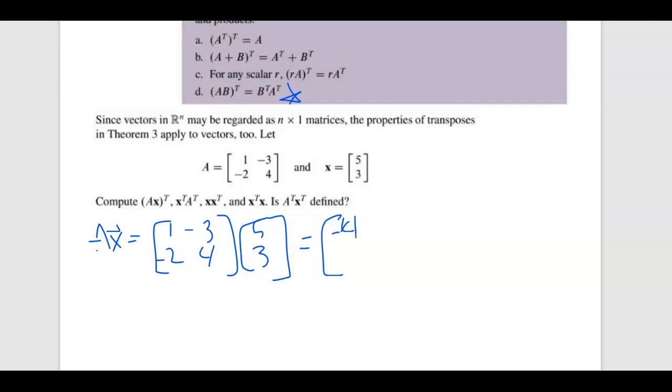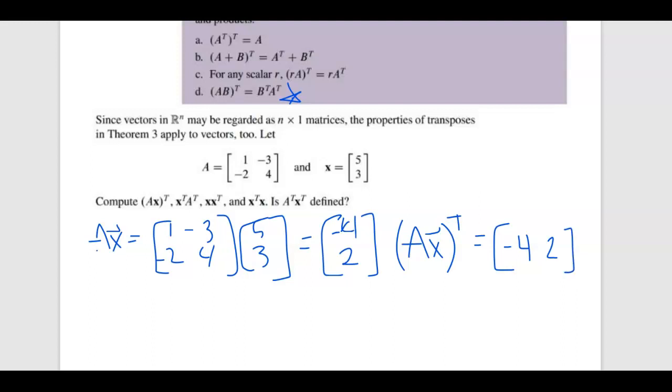Negative 10 plus 12 gives me 2. And then I want to transpose that. So that's going to end up being a row vector instead.